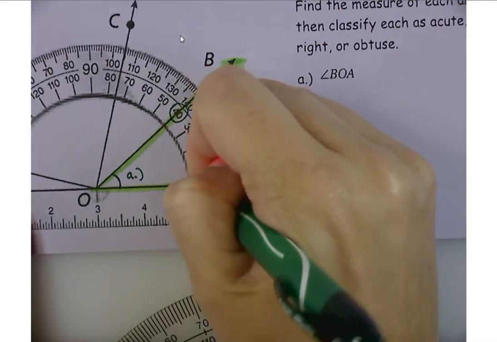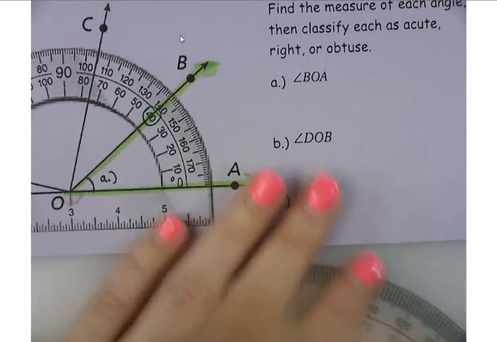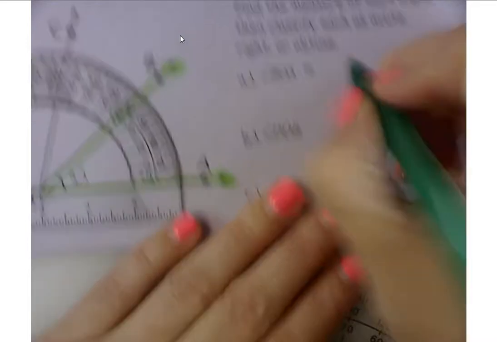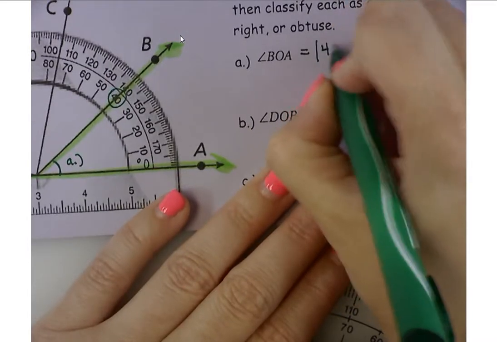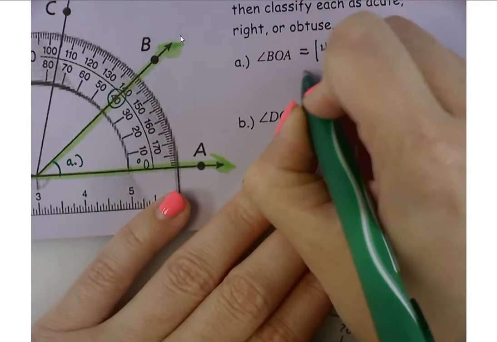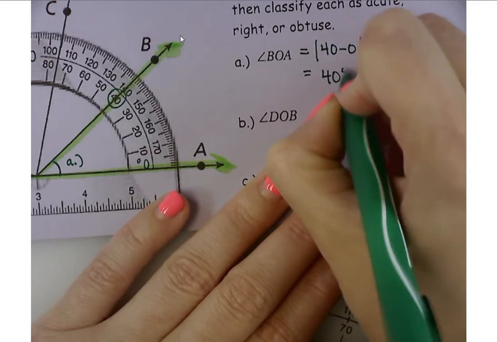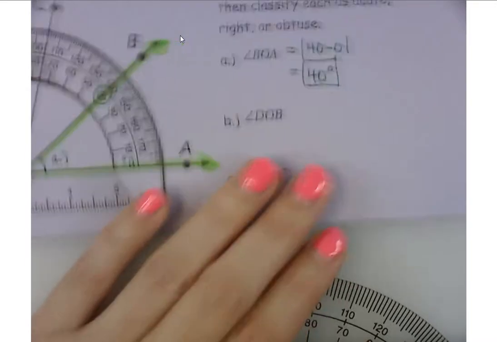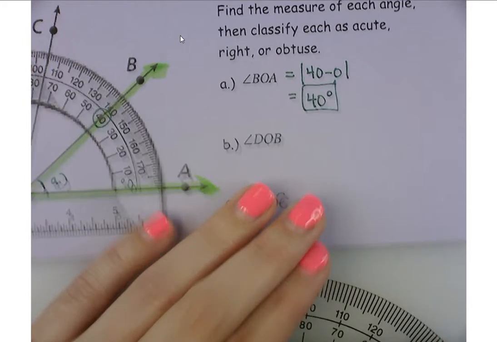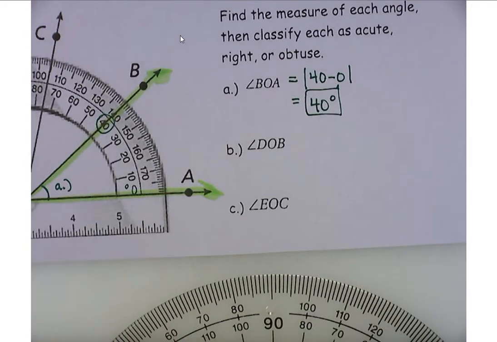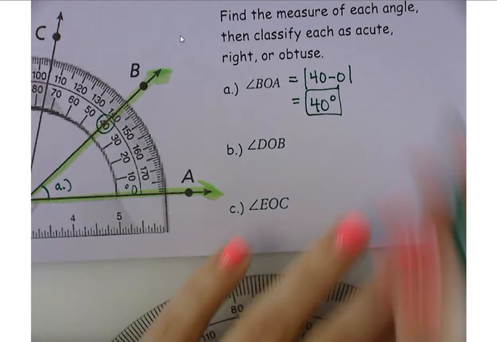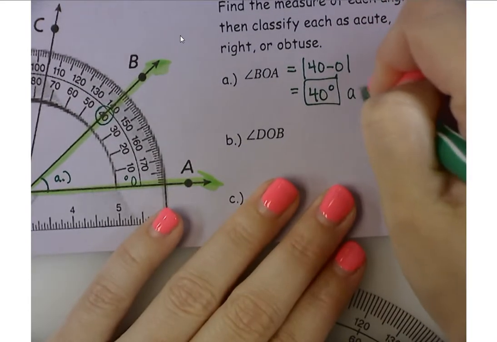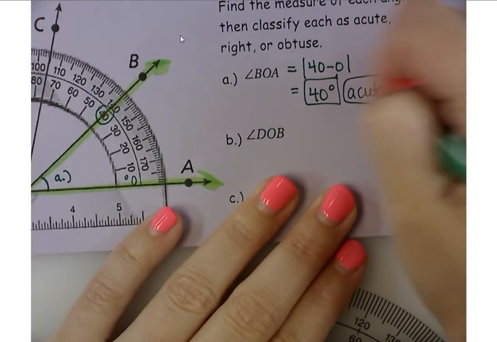You can see it's right next to 10. So when I do my subtraction, I would just do 40 minus 0, which is just going to be 40 degrees. And if it's 40 degrees, Grace, what kind of angle is it? Acute. So that would be your classification.